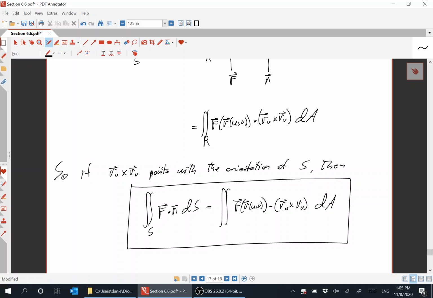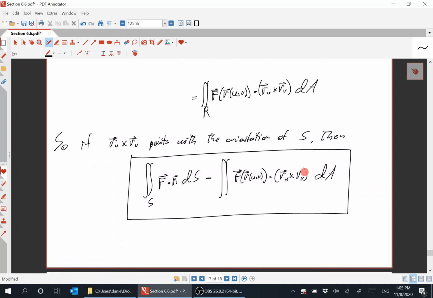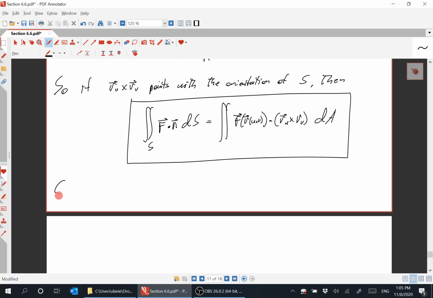So the surface integral is referred to like this, and sometimes it's referred to as this. Instead of the double integral over S of F dot n dS, we write the double integral of F dot, and then this bit here is denoted as dS.